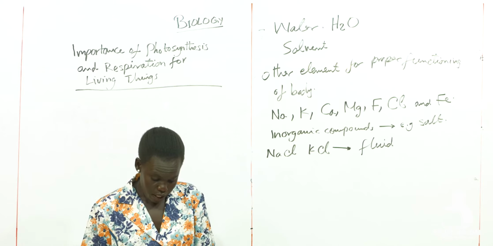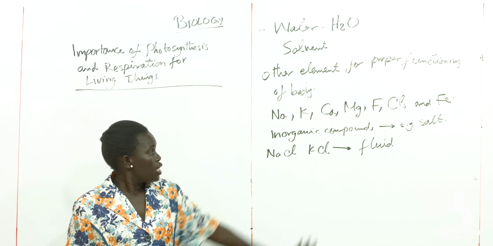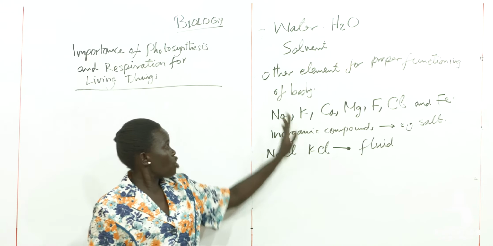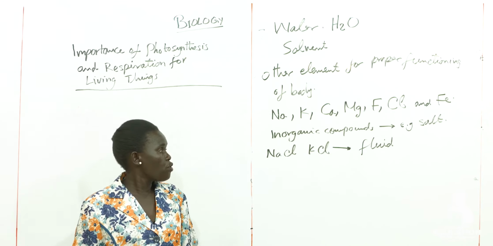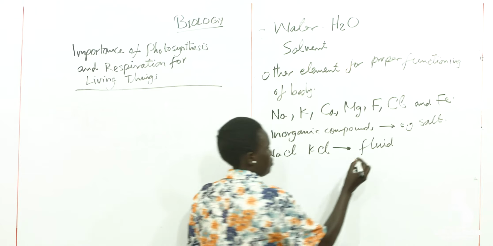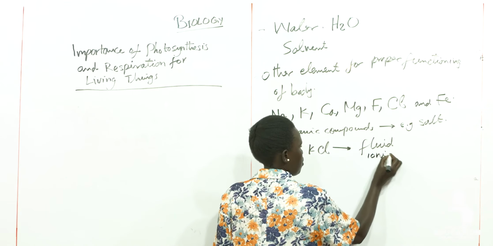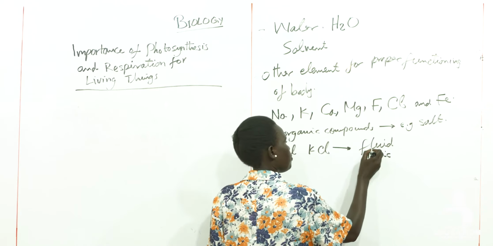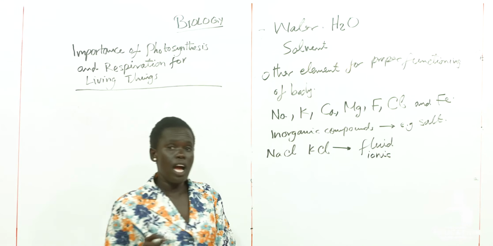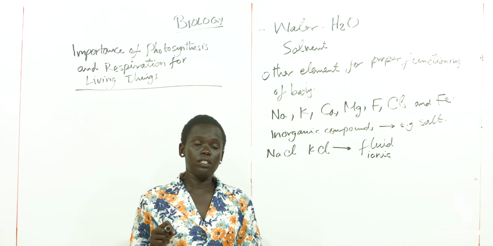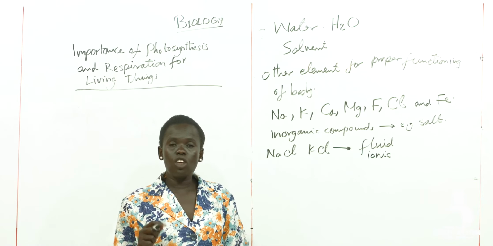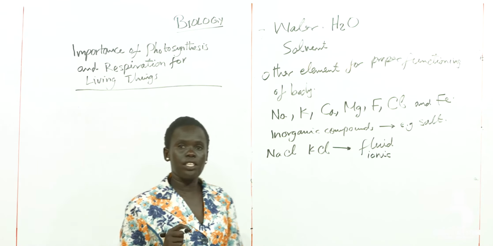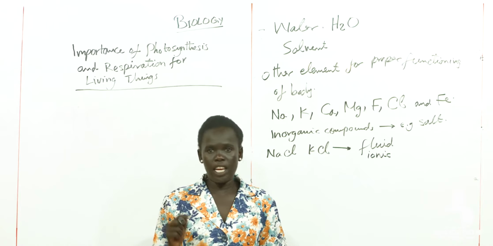So when these salts are dissolved in the solvent, in water, they form ionic fluid. This ionic fluid has a very important role to play in the cells of living organisms. It is the one controlling the passage of substances in and out of the cell.